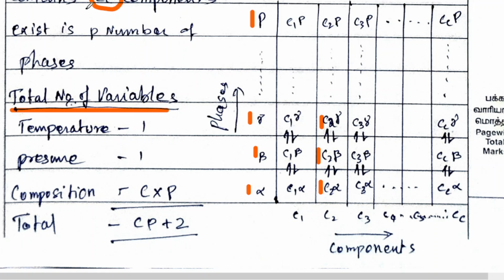As we have already seen, the temperature is one variable, and pressure is another variable, and the composition is another variable.